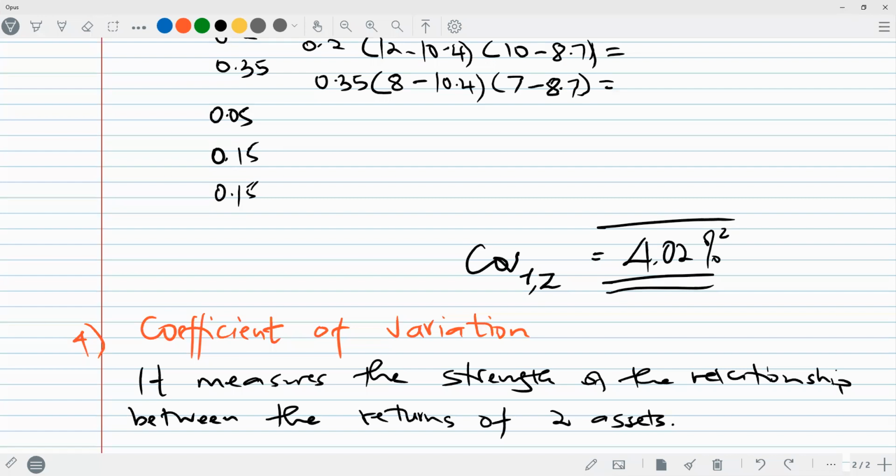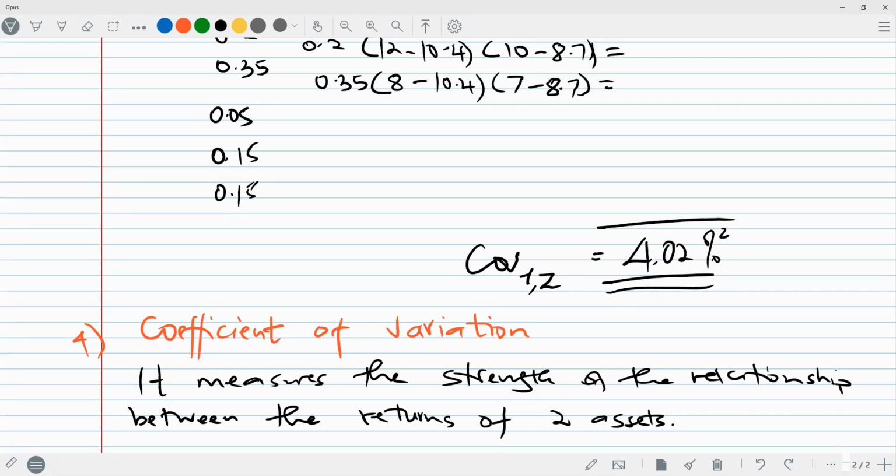So you simply want to put numbers, scale it down, so that you can evaluate how strong is the relationship between these two values, the returns of Y and Z. You want to know the strength of the movement between the return of Y and the return of Z.